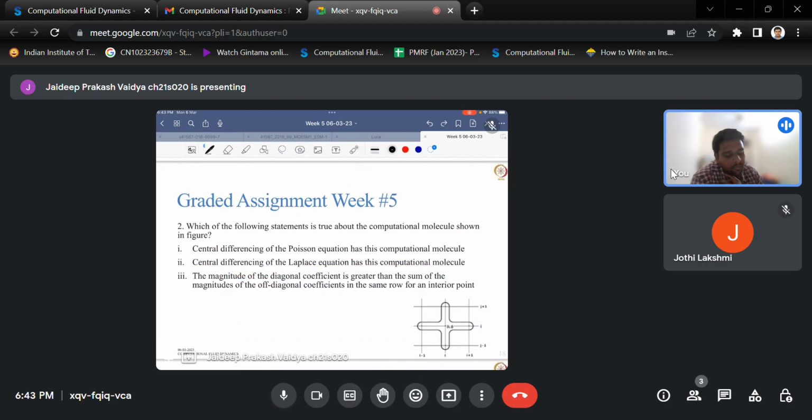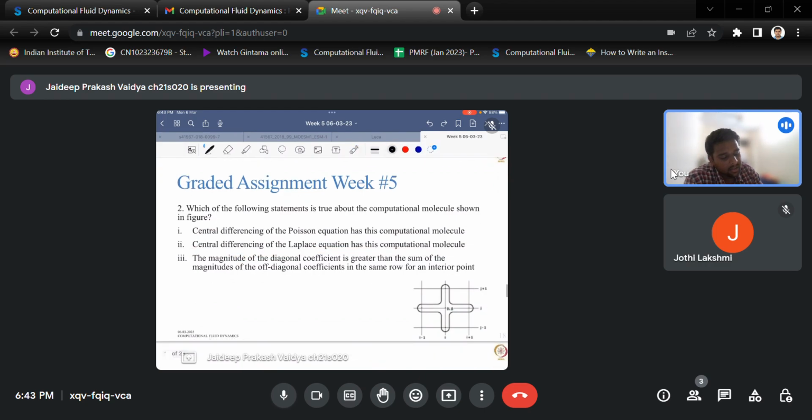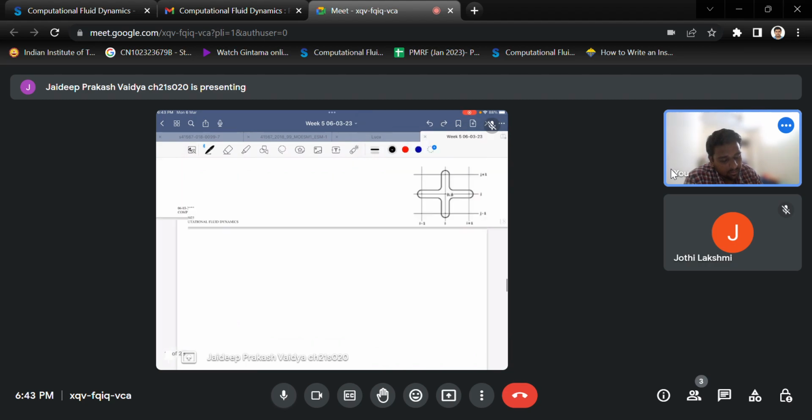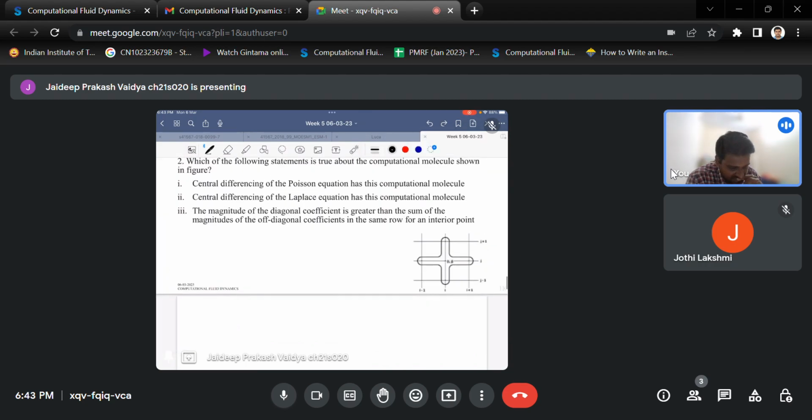Let's focus on what the Poisson equation and Laplace equation are. Let's assume that phi is a function defined on this domain, and we know that the Poisson equation is given by del square phi equal to some function f, and the Laplace equation is given by del square phi equal to 0.